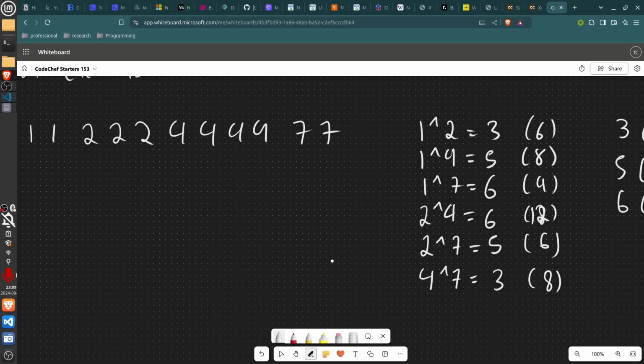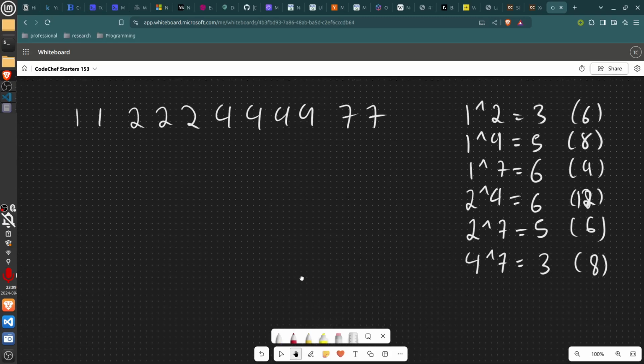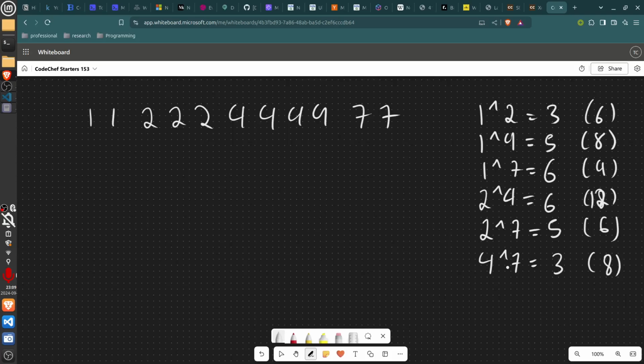How many ways are there to not have duplicates? So let's go over one example. Let's say you have 1 XOR with 2, right? That's equal to 3. But you also have that 4 XOR with 7 is equal to 3.